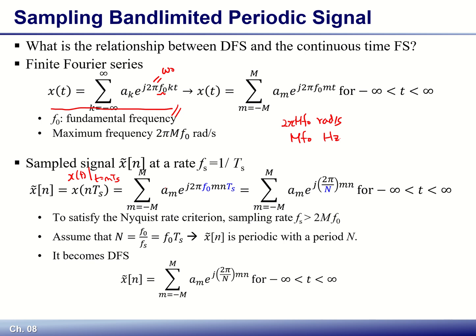When you consider f0 and Ts, we combine them together. So we assume that f0 Ts is f0 over fs. We assume the ratio f0 over fs is 1 over N.